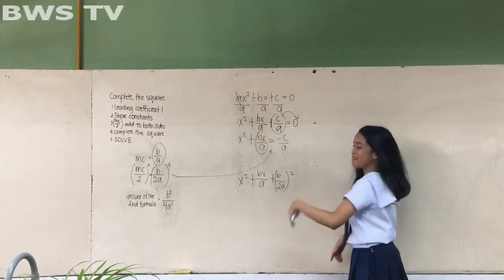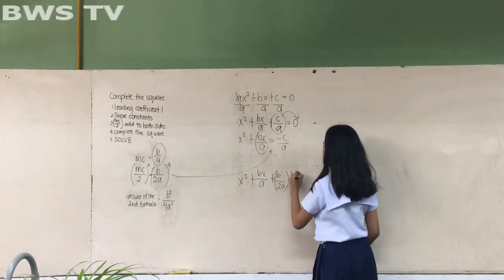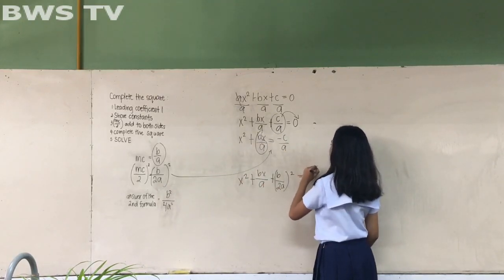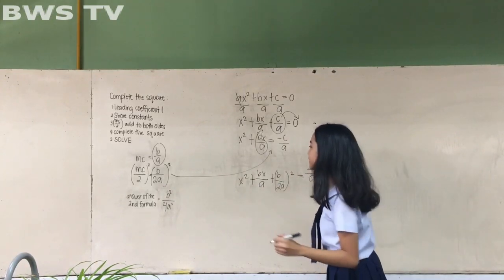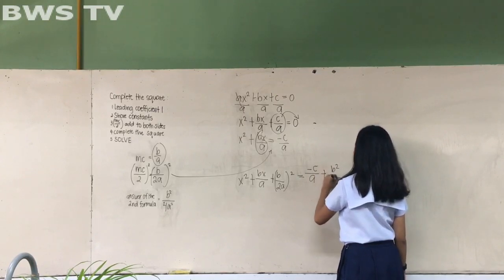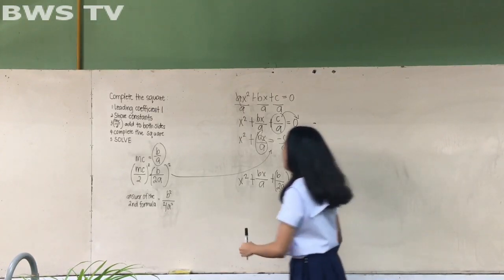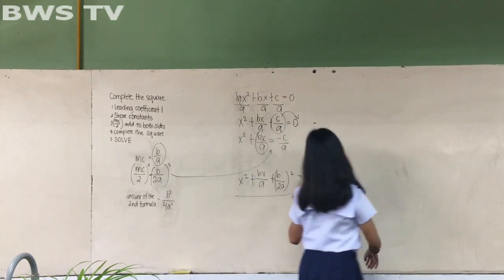So that's why it became positive. We are going to add this formula to the other side. It is equal to negative c over a plus b squared over 4a squared. We are going to combine these 3 terms and the last 2 terms.